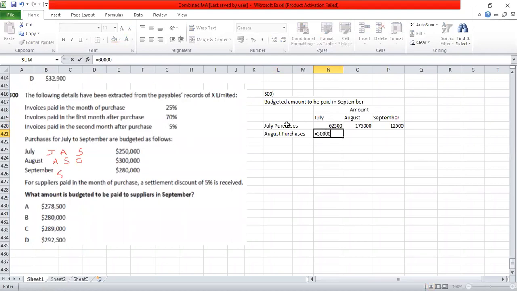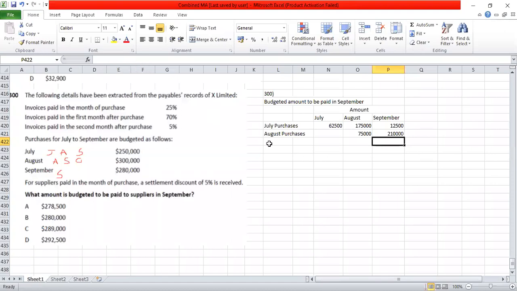So it is 300,000 into 25%. The August purchases start from payment in August, which is 25%. And then a part of that, that is 70%, is paid during September and 5% in October.